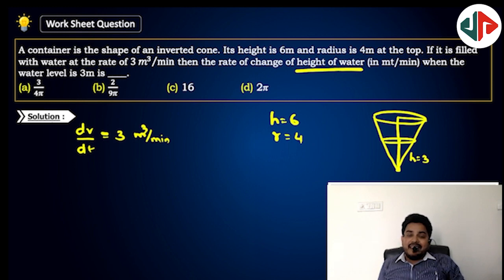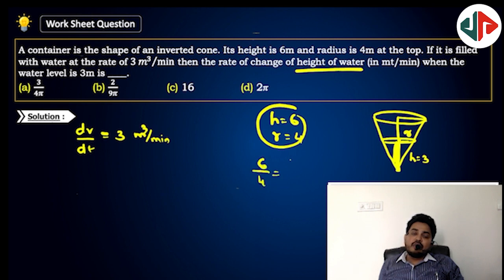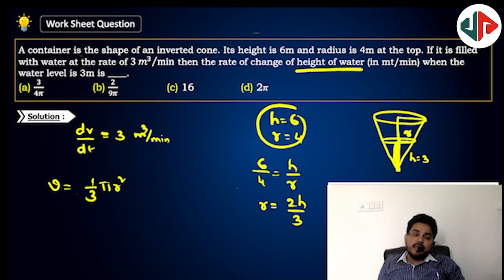So clearly, look here. This is the height, this is the radius. So 6 by 4 is equal to h by r, so r is equal to 2h by 3. Because when you write V is equal to 1 by 3 pi r square h, r and h are two independent variables, but they have a link because it is always going to form similar triangles.